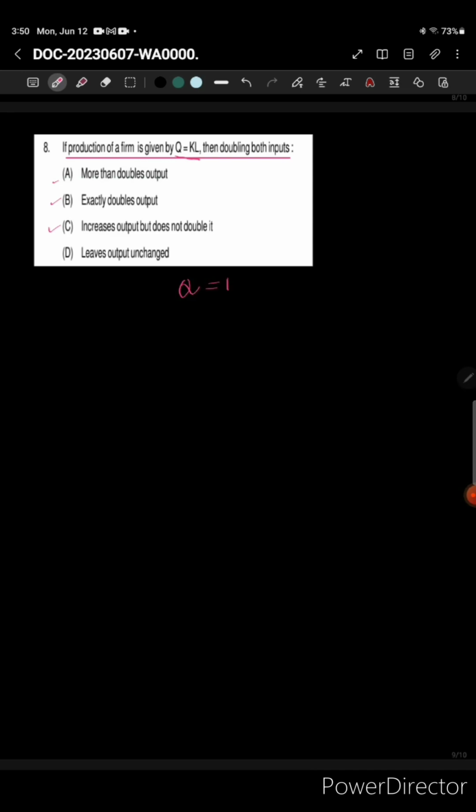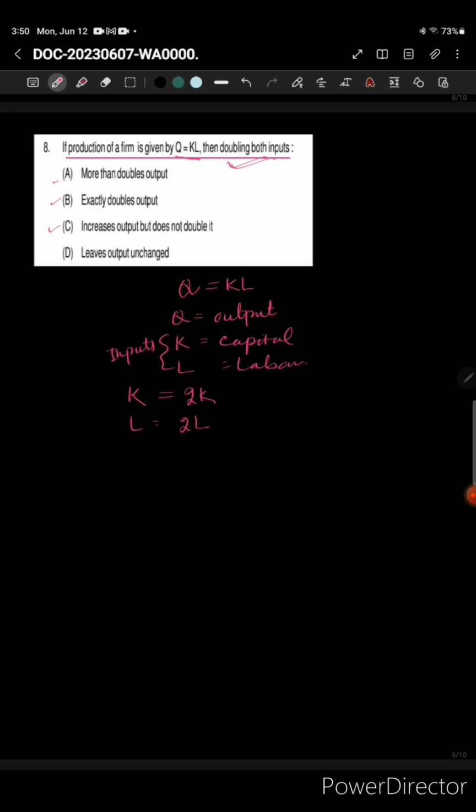So Q equals KL. Here Q is the output, K and L are the inputs, so K equals capital and L equals labor. So what is written in the question? That doubling both the inputs, that means we have to double both the inputs. So for K we write 2K, for L we write 2L.